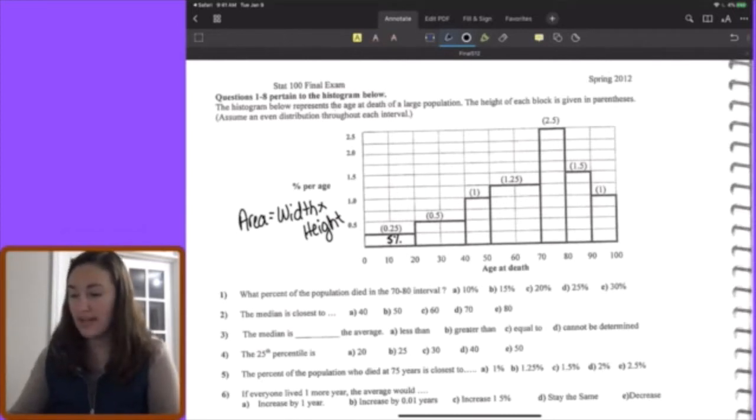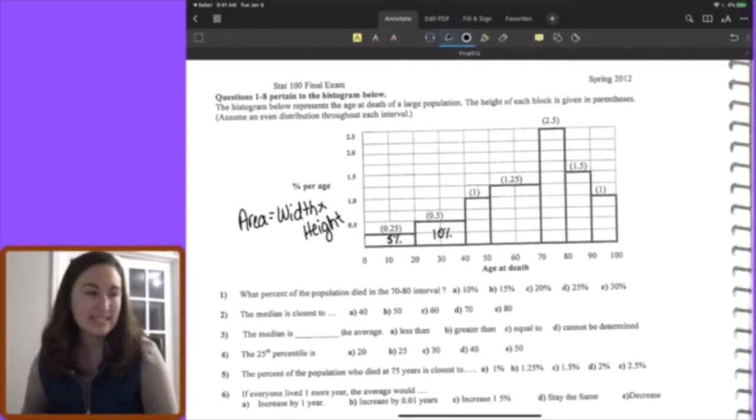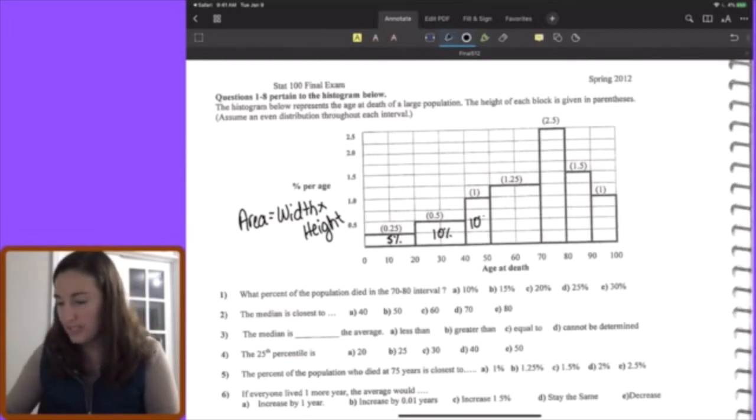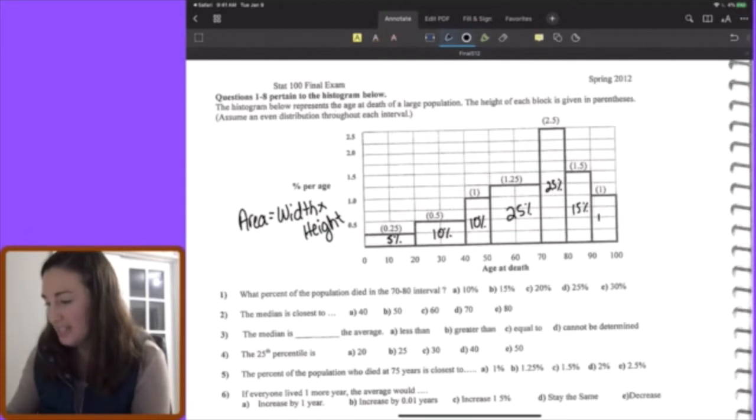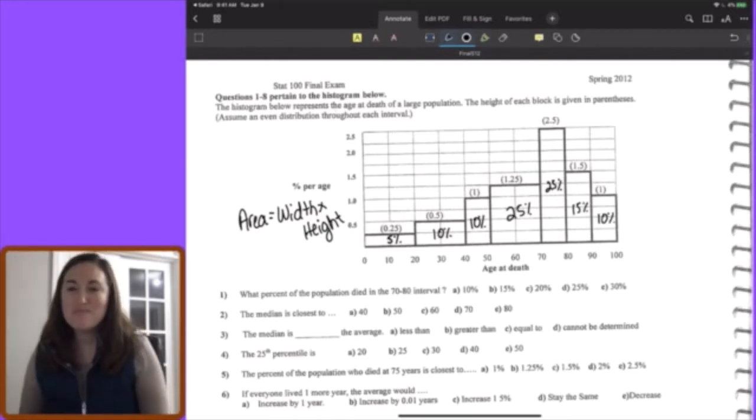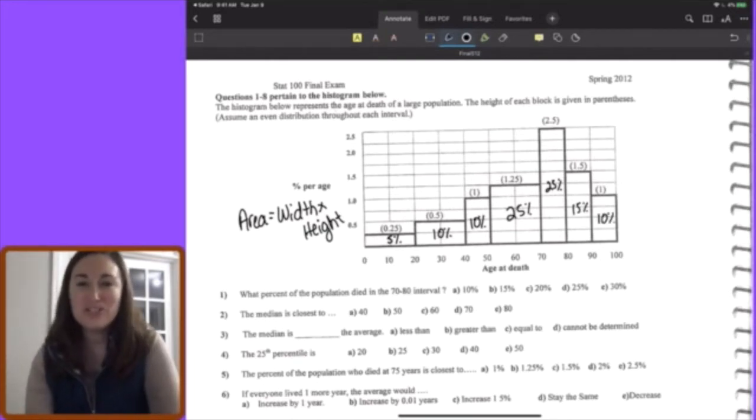Like the next one, I have 20 to 40 as my width. So my width is 20, my height is 0.5, so this is 10%. And then this one is also 10%. This one is 25%. This one's 25% as well. And then we have 15 and 10%. So remember, the area of the total histogram has to be 100%.